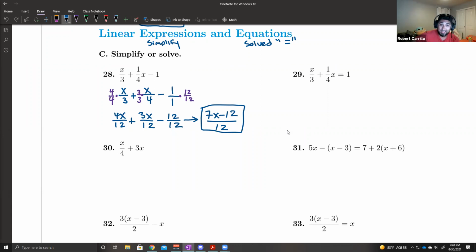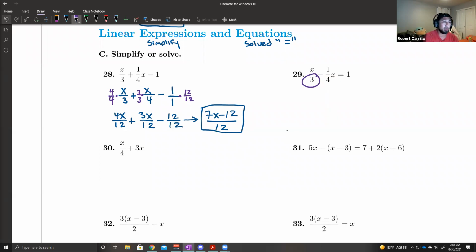Okay. 29. X over 3 plus 1/4 x equal to 1. Well, definitely an equation. Now for this one, you have a choice. Again, work with the fractions or eliminate your fractions. Work with them. Okay, cool. So if we work with them, this means you have x over 3 and 1/4 x.